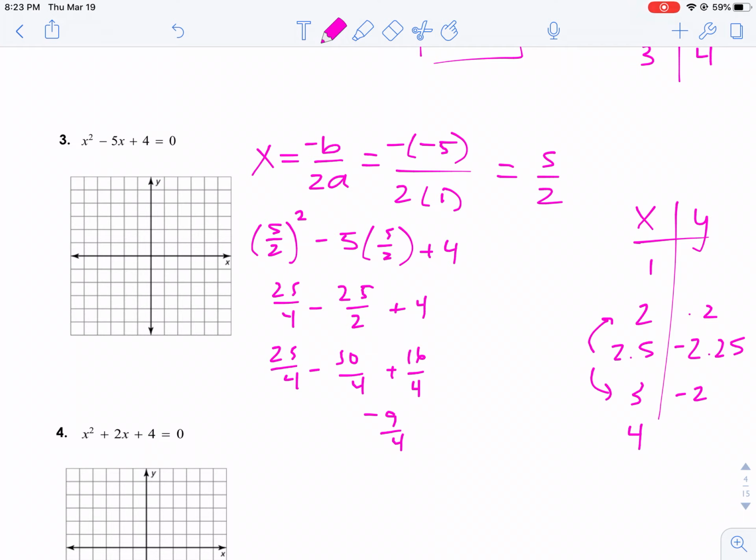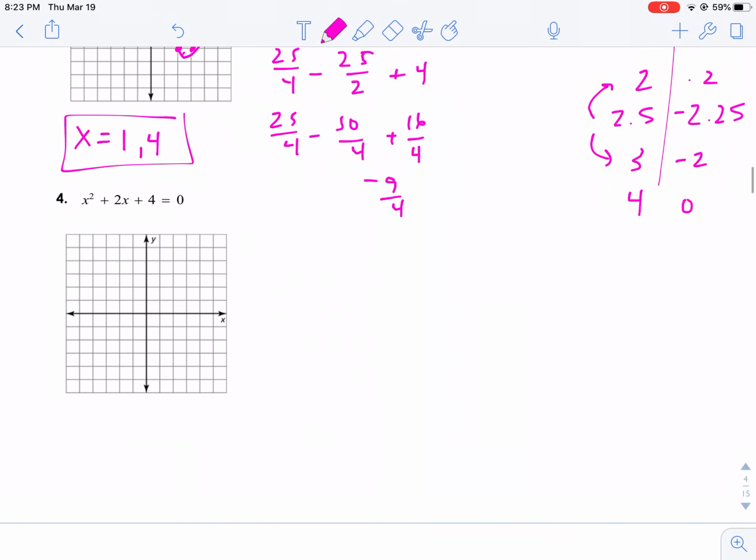Substituting in 1 and 4 gives us answers of 0. So plotting that, we would have 2.5, negative 2.25, so right about there. 2, negative 2, and 3, negative 2, and then 1, 0, and 4, 0. So we have a parabola opening upward. We have 2 solutions, and those are x-intercepts, so 1 and 4.